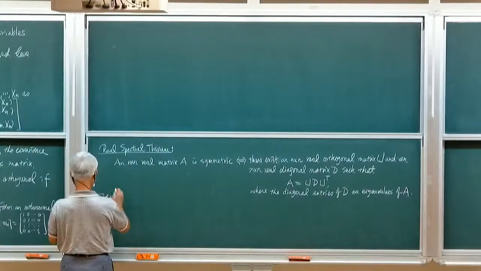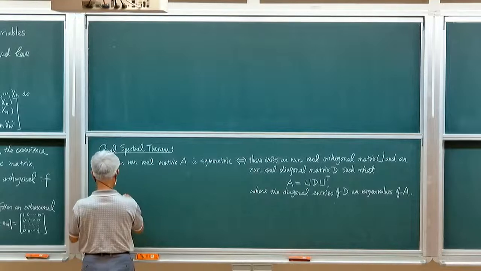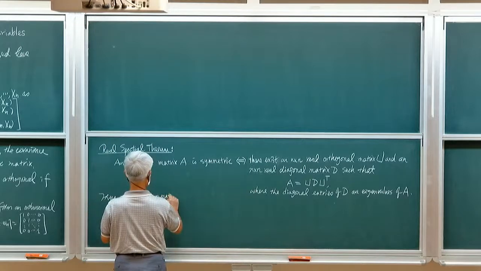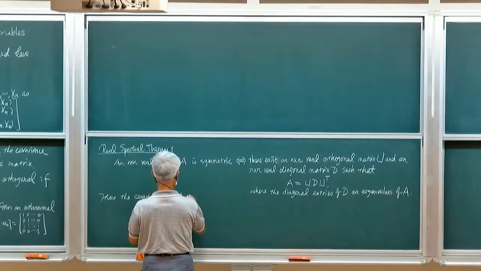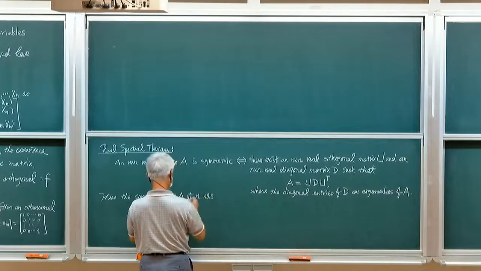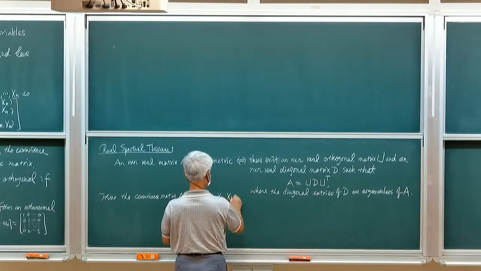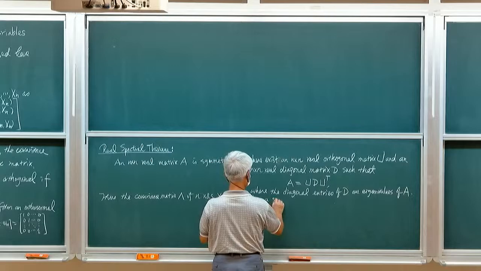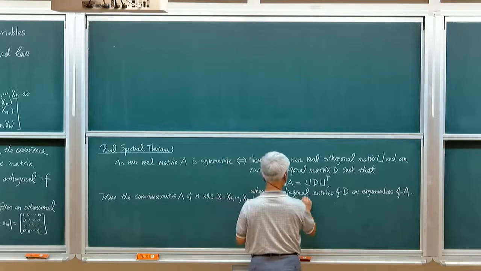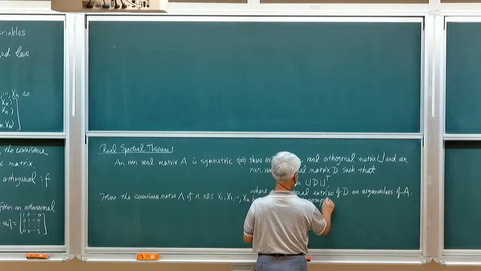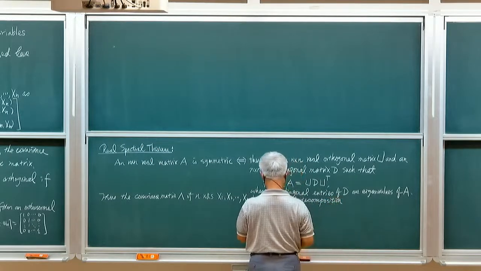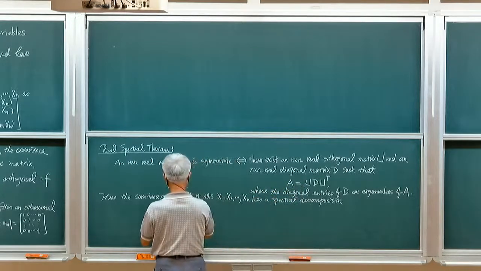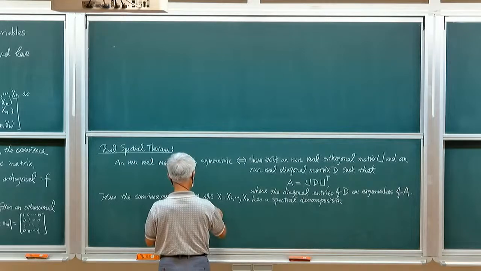So the covariance matrix lambda of n random variables x1, x2, up to xn has a spectral decomposition U, D, and U transpose.